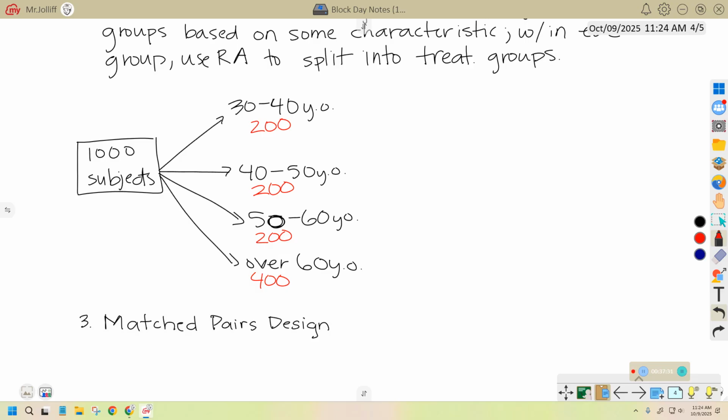Probably wouldn't be that neat and pretty in reality, but I'm trying to come up with numbers off the top of my head. So there we go. That adds to 1,000. So that's the first step. I have sorted them by age range so I can compare across age ranges. Now what do I do?